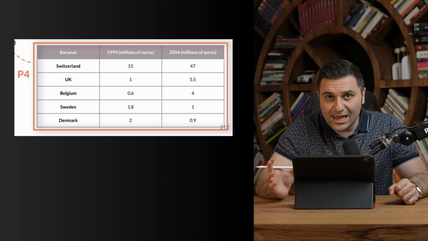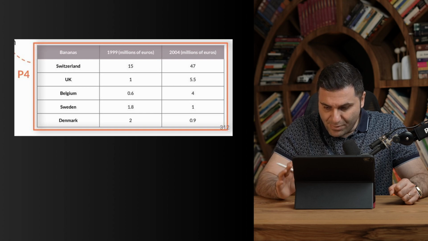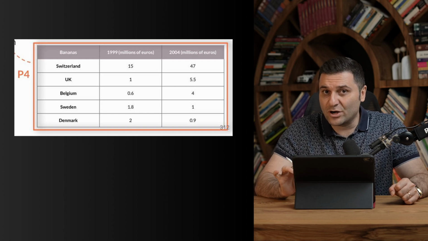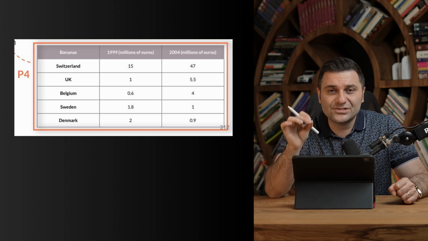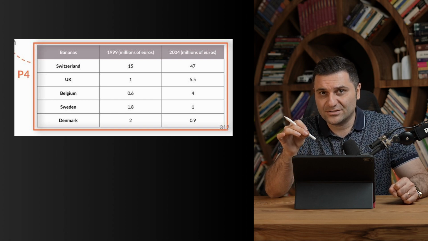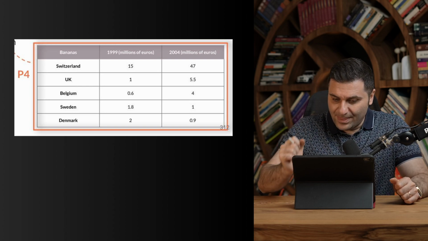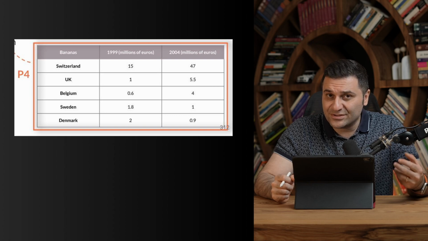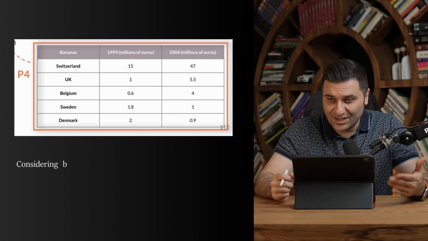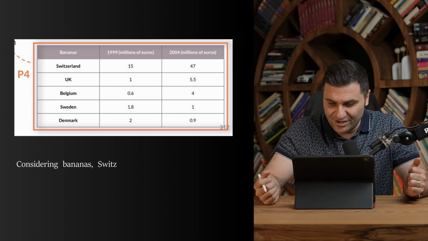And again, the UK increased, Belgium increased, Sweden and Denmark were two countries that decreased their sales in bananas from 1999 to 2004. Now, I start my sentence in paragraph 4 with considering bananas, so that I'm referring to bananas here.